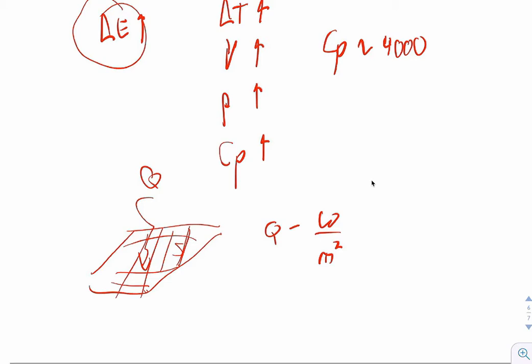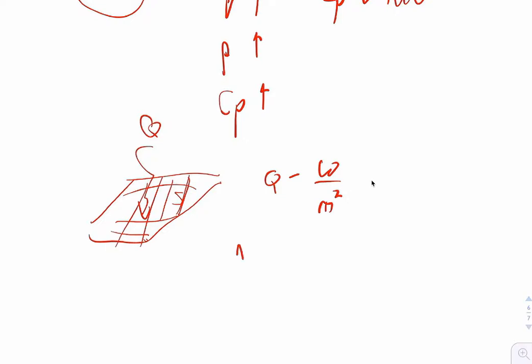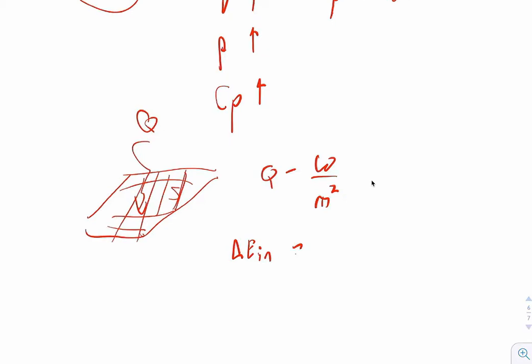So the delta E input into the system is the heat flux Q times the surface area. We have more energy going in if we have a greater surface area for a given heat flux. The heat flux going into Clark's Cove, that we'll do later, depends on the surface area of the cove. Times the time: if that heat flux is acting for a longer time, a longer delta t, then we have a greater amount of energy going into the system.